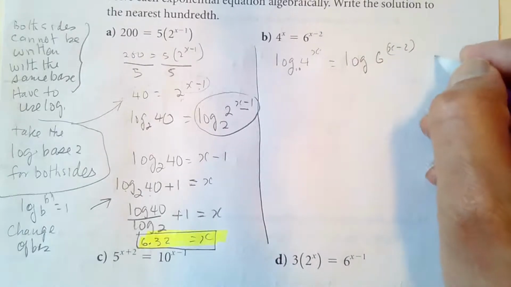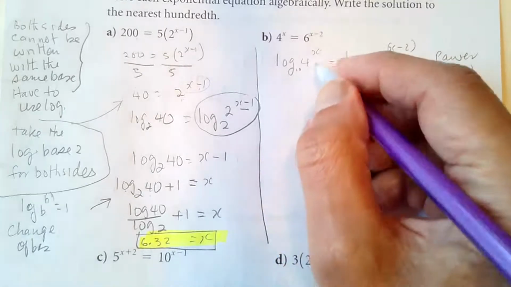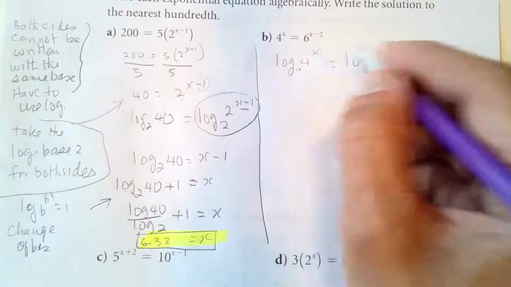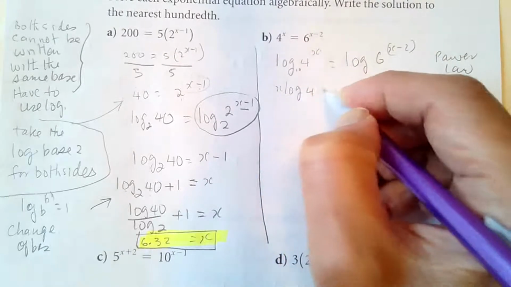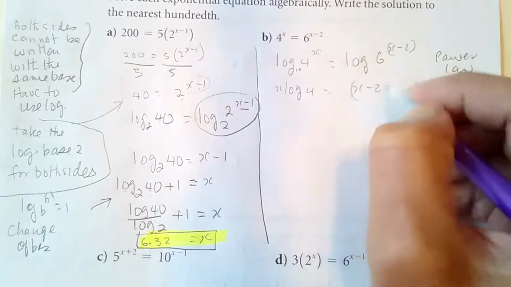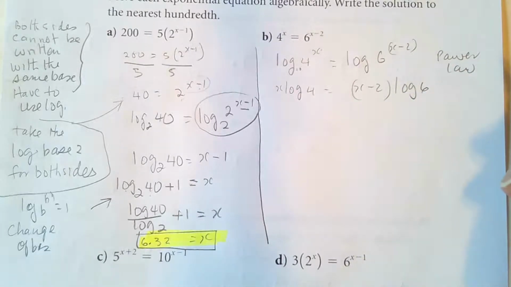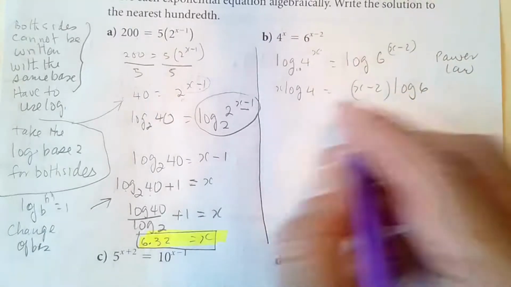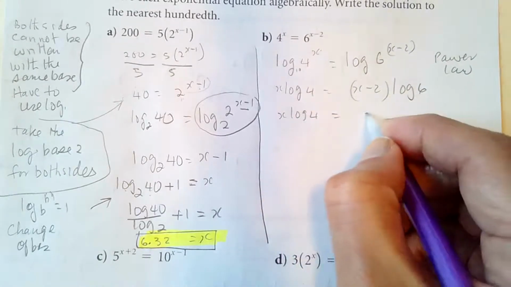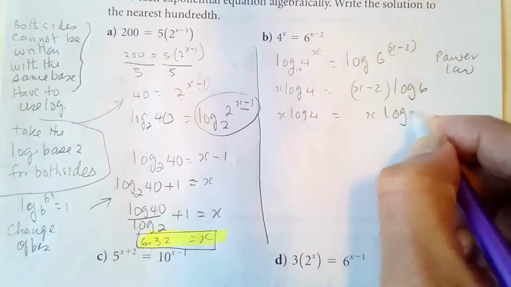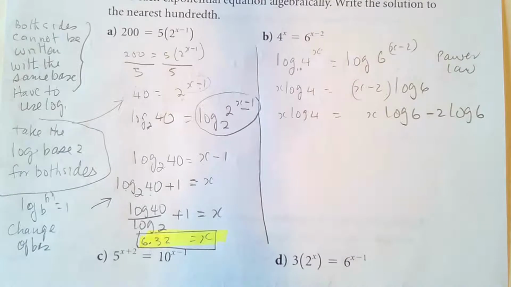So we use the power law in this case here. So we end up with, for both sides, x log 4 is equal to x minus 2 log 6. We use the distributive law, so we have x log 6 minus 2 log 6.